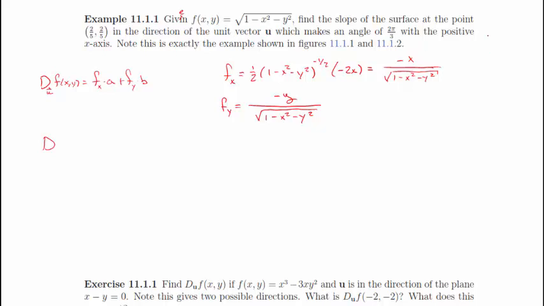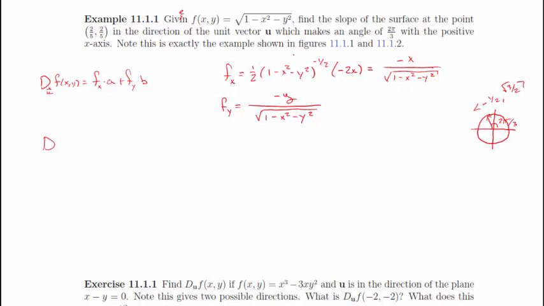Okay, so let's find u real quick. So here's 2 pi over 3. So this vector has to be negative 1/2 comma root 3 over 2, because we're on our unit circle, right? It's a unit vector.